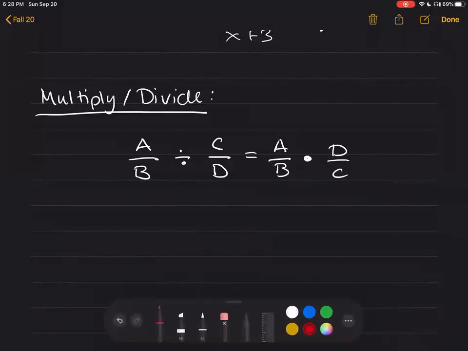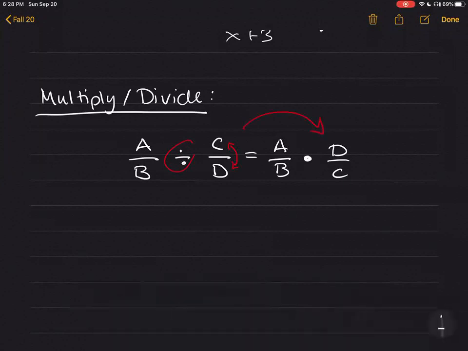So when you want to do division, you're just going to flip these two and you're going to get multiplication. So they're kind of the same skill. Multiplying, dividing, just the same thing, as long as you remember this rule right here.